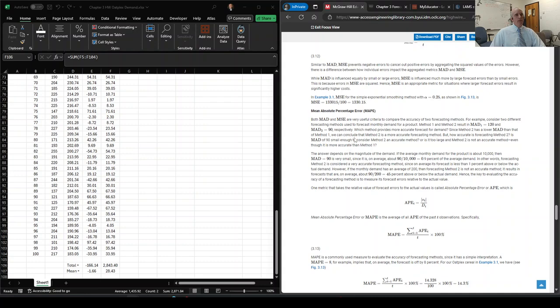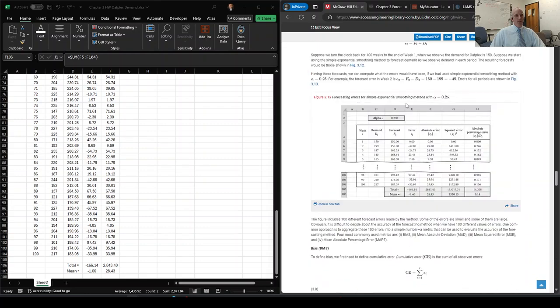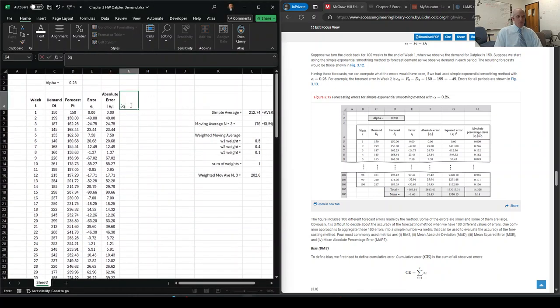So let's calculate our mean squared error. This is 1330.15. If we go back up to this table, we're going to do the next one over, which is squared error.